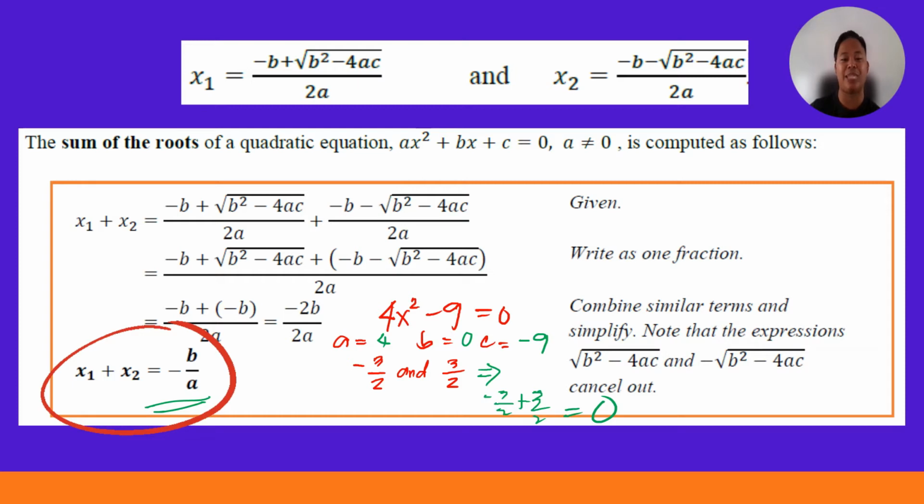So, ito po yung ating quadratic formula, di ba po? Pinaghiwalay lang po yung ating plus minus since we are getting the values of the roots, the positive, and using the negative or minus here. And we know that quadratic equations have two roots.